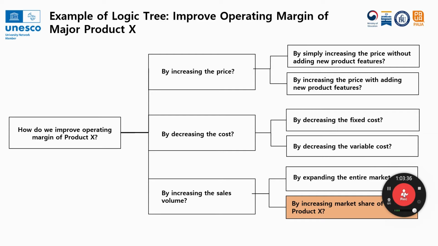Now let's move on to the next level of disaggregating the issues into smaller issues. If we look at the first option of increasing the price, those solutions might be divided into two other smaller solutions.